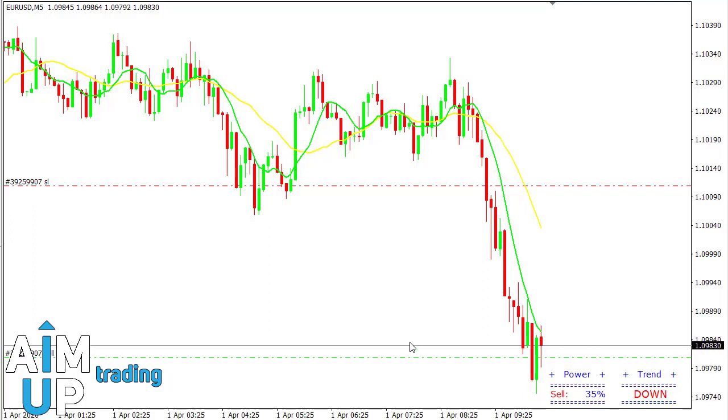Here you see the power of the trend, 35%, and actually the trend now goes down, which gives us another confirmation that we're looking at a bearish trend, and the movement is gonna be bearish for a while. As you can see, for right now, the price is going against us, but this is a 5-minute chart.